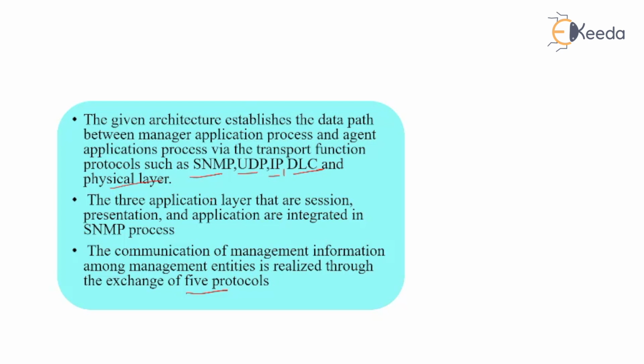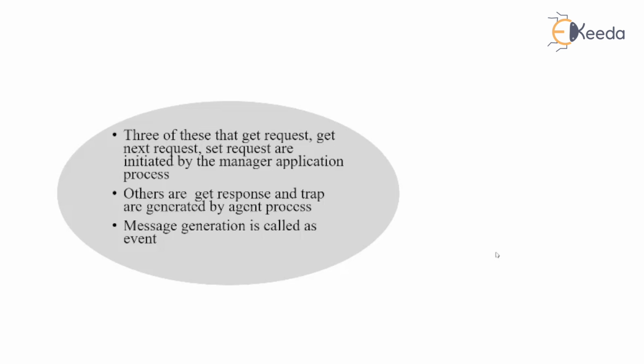Now exactly what kind of messages they are going to transmit or exchange between them, that we have to understand. 3 of the messages, that are nothing but get request, get next request and set request, are initiated by the manager process. That means the first 3 numbers we have given for the manager process, and the agent process will receive the first 3, and then the agent will send the next 2.